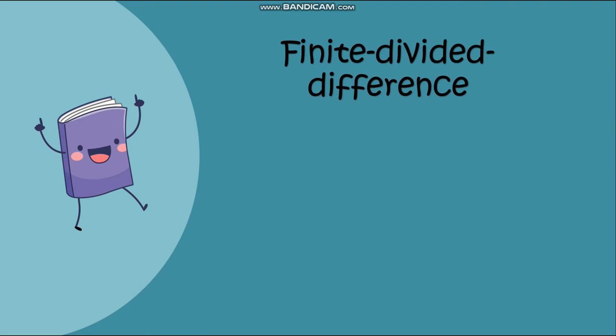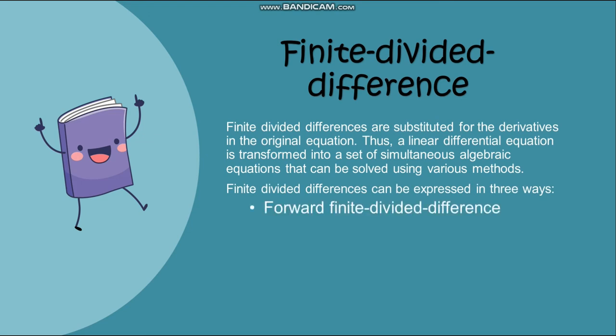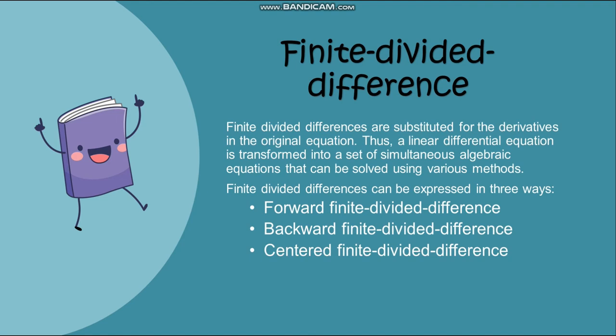Let us first understand what finite divided differences are. Finite divided differences are substituted for the derivatives in the original equation. Thus, a differential equation is transformed into a set of simultaneous algebraic equations that can be solved using various methods. Finite divided differences can be expressed in three ways: forward finite divided difference, backward finite divided difference, and lastly, centered finite divided difference.